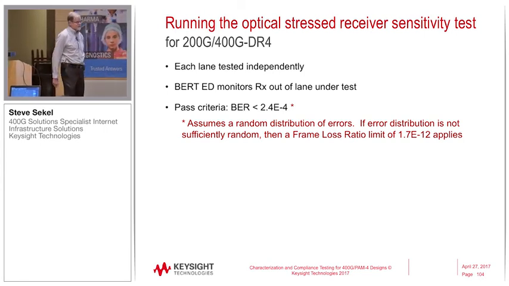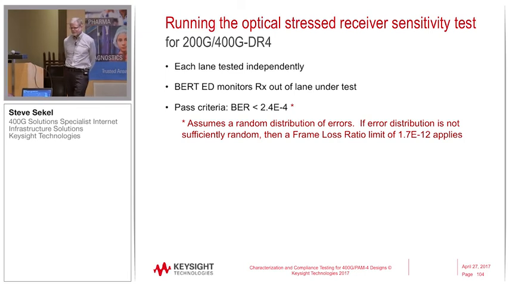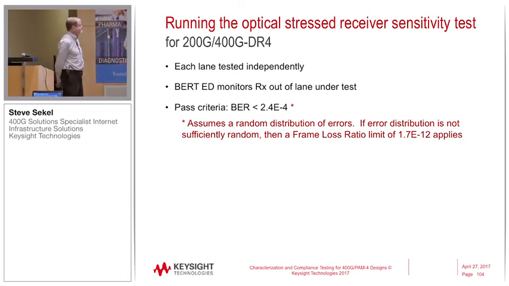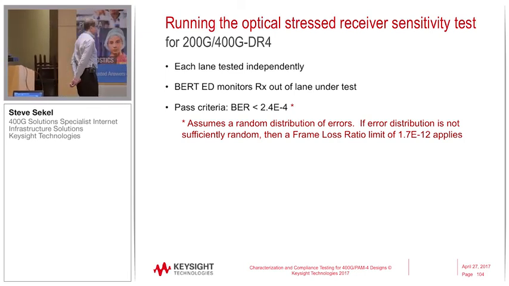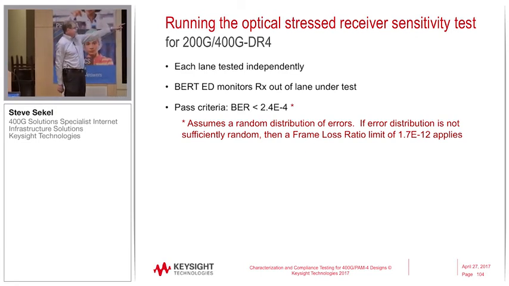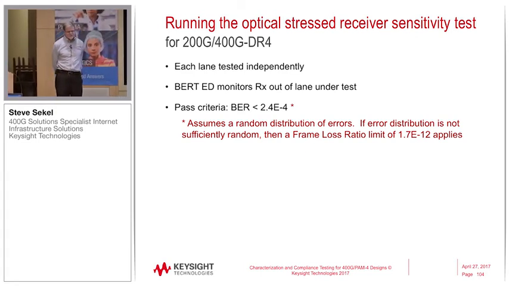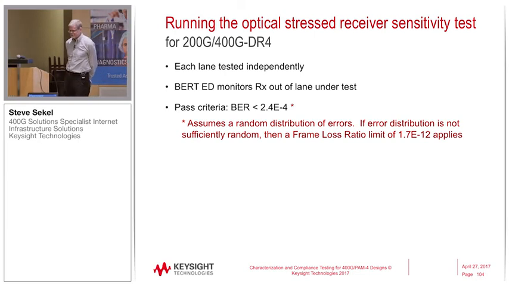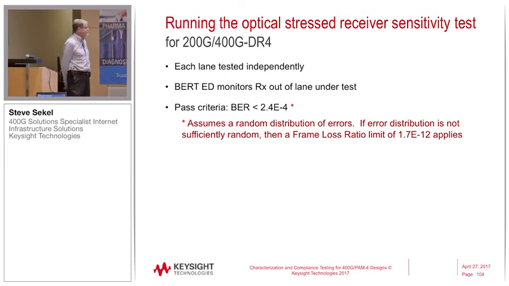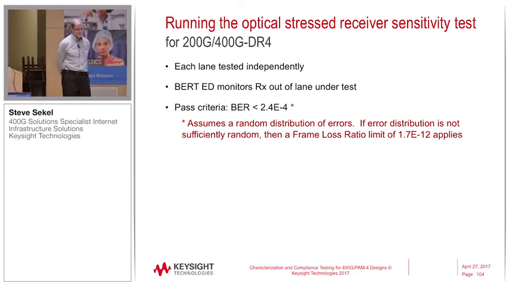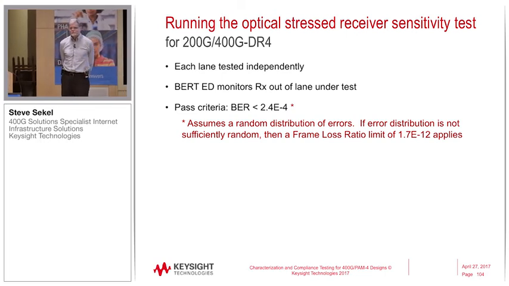And same pass criteria: 2.4E-4 with the assumption that the errors are randomly distributed, and if they're not randomly distributed, then it's a 1.7E-12 frame loss ratio requirement. No difference between the FR and the DR with that.